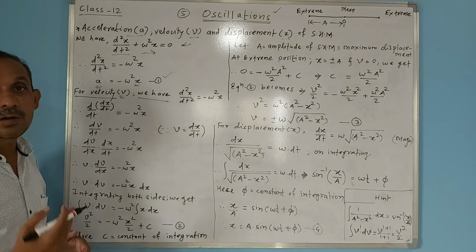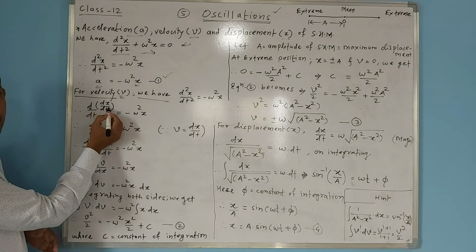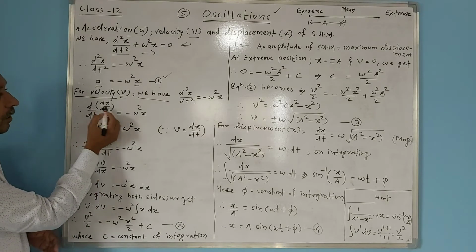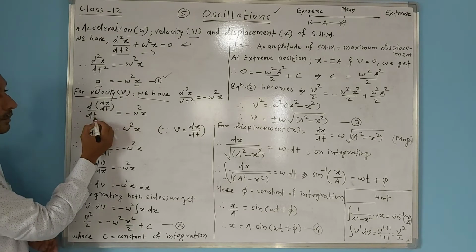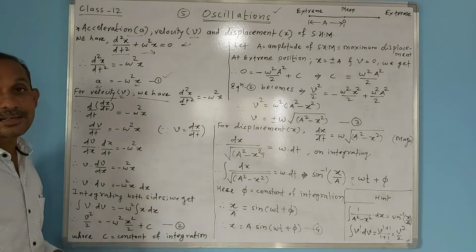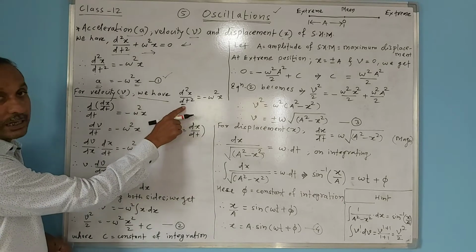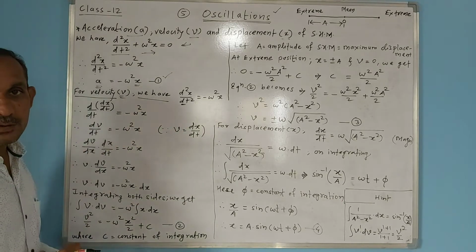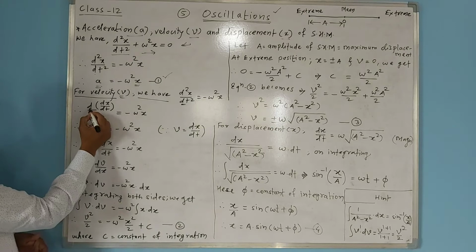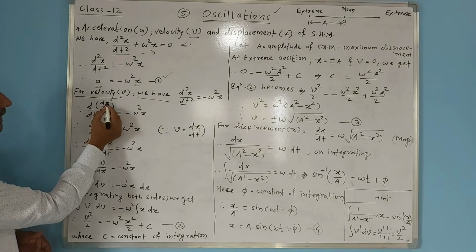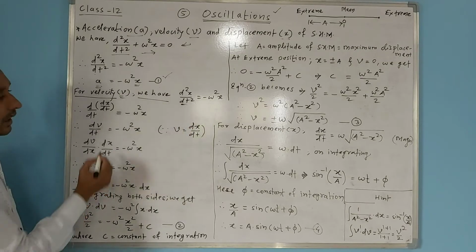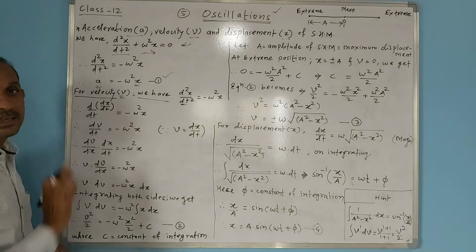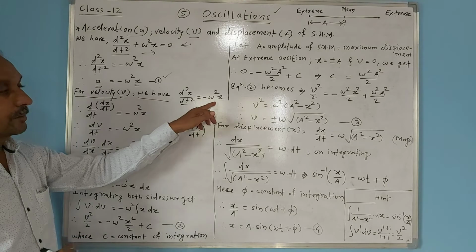So it is the derivative of velocity with respect to time, which is nothing but the acceleration. So acceleration can be written in this way: the derivative of velocity, where velocity is dx by dt, with respect to time. That is the acceleration. And the right hand side will be the same.